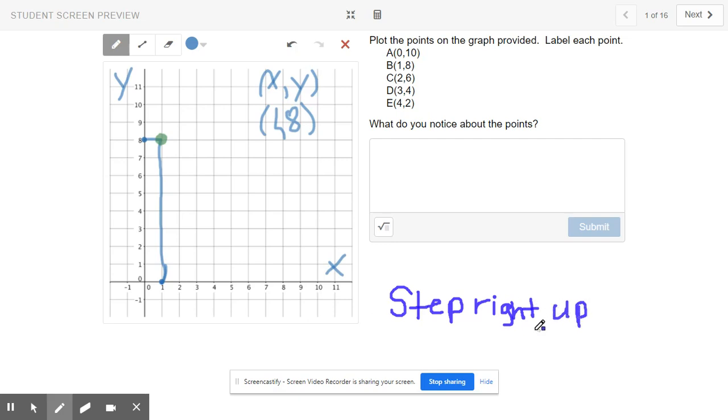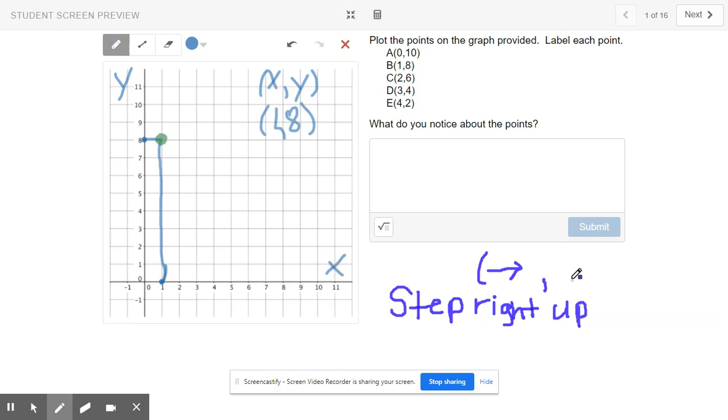The reason this is a helpful tool is that right comes first in our saying, step right up, so the first coordinate tells you which way to go, left and right.